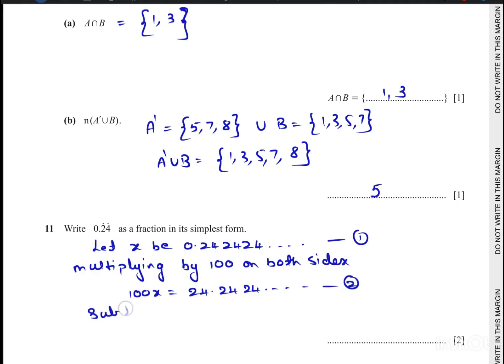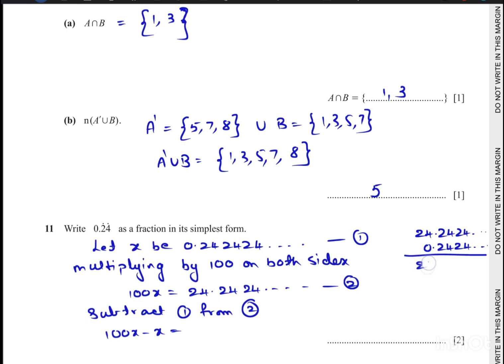Subtract 1 from 2. 100x minus x is equal to 24.242424 minus 0.2424, and so on. I get 24.000, so this will be 24.